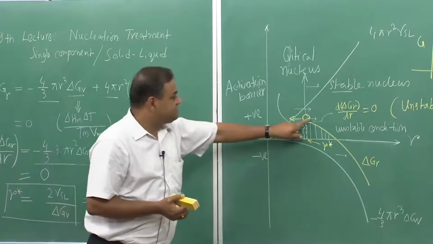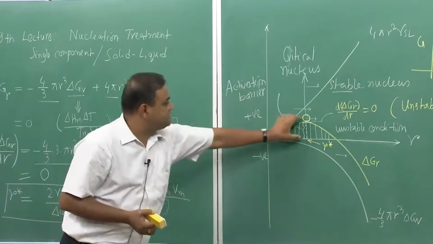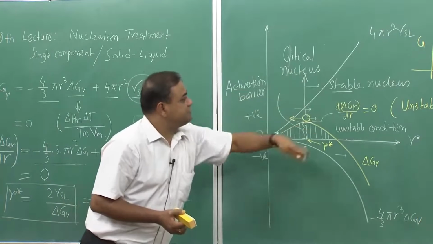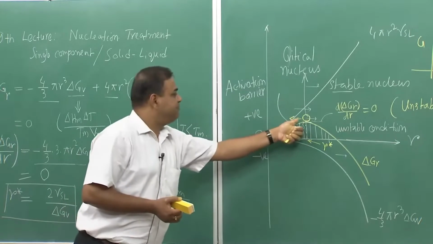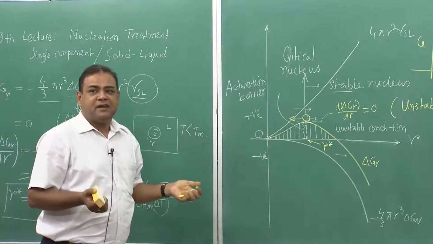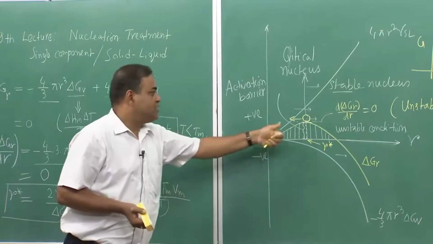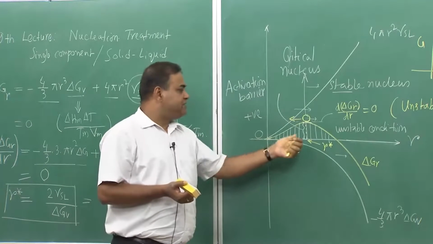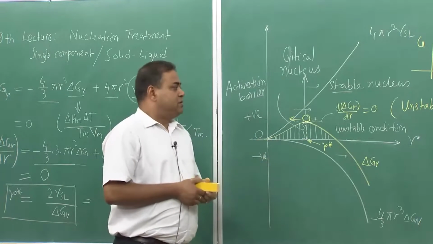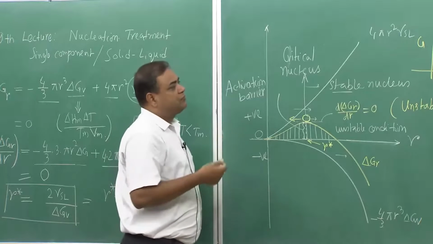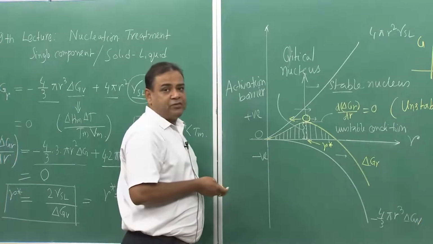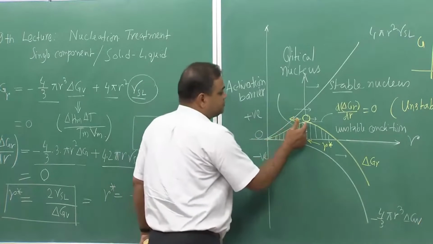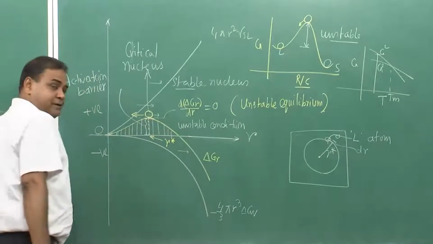Okay? So, that means this is critical nucleus, this is activation energy, okay? And the other side is stable nucleus formation, and the left side is unstable cluster because it always goes and melts. Okay. So, that means liquid will again form. So, if we would like to find whether the solidification would take place or not, our interest would be to cross this barrier and go to the other end.